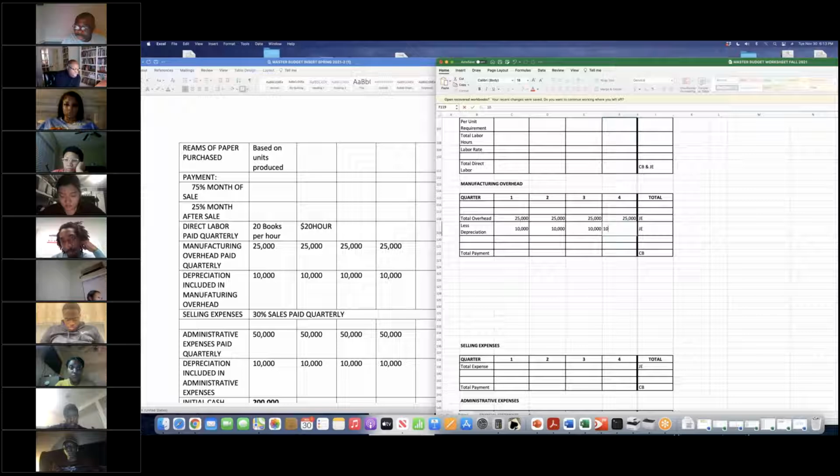So for the depreciation, you only had to pay out what? 15,000 a quarter. The other would be accumulated depreciation, which would not be a cash expenditure. So 15,000. Does someone say 60,000? Yes, sir.